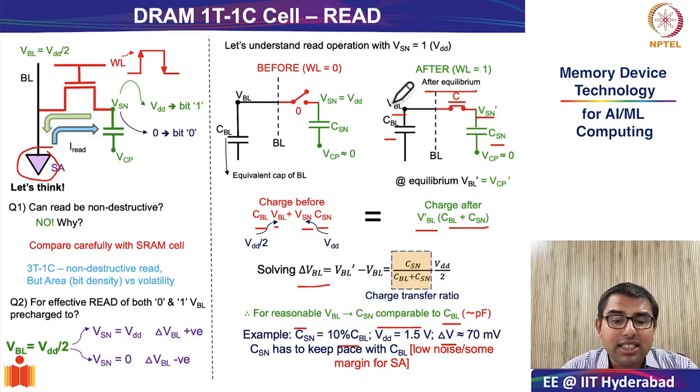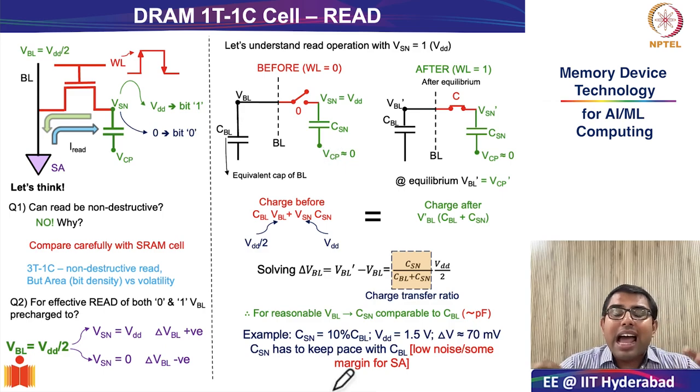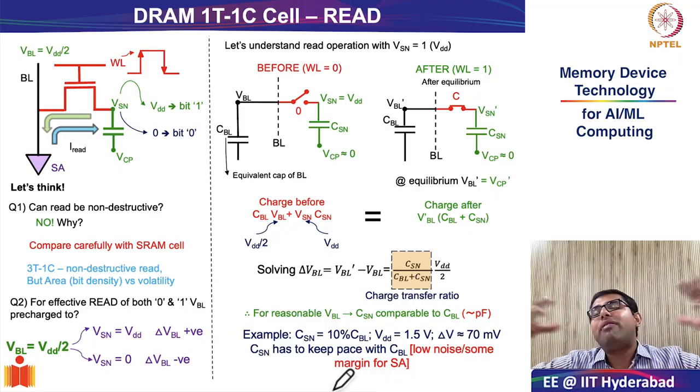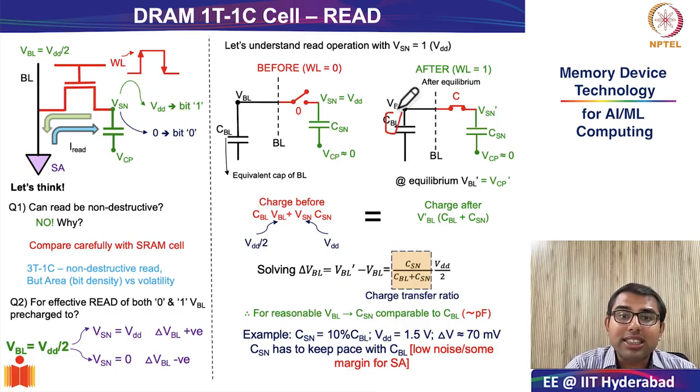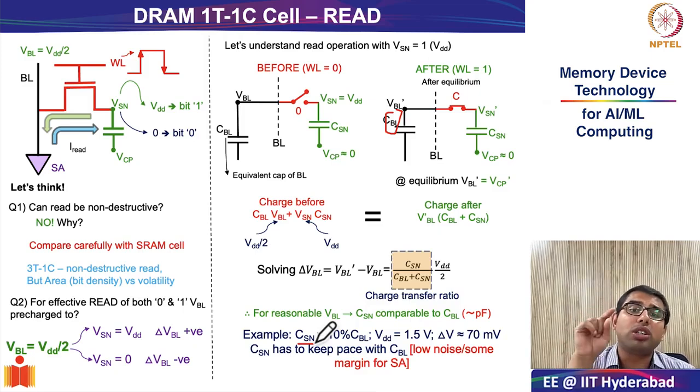The point I'm trying to make is that as you make CBL larger, because you are building larger and larger DRAM arrays, you need to draw out longer bit lines, which have larger CBL. The CSN also has to keep pace with it. If CBL increases, CSN has to increase as well.